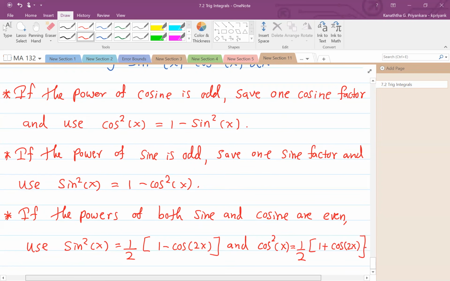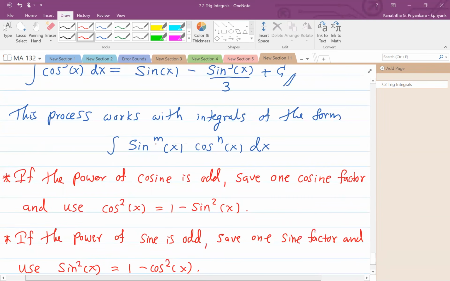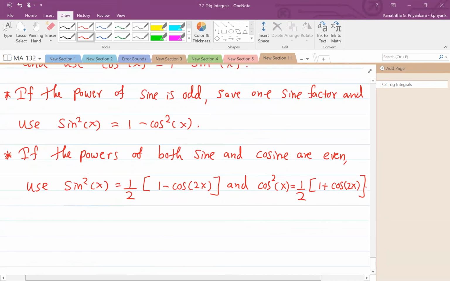So that's how we will use it. It depends on the form of the problem, so depending on m and n values.